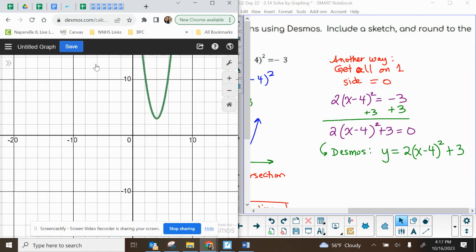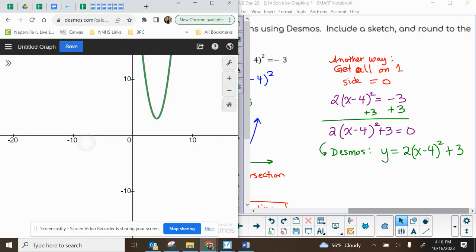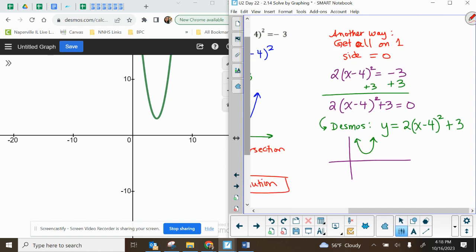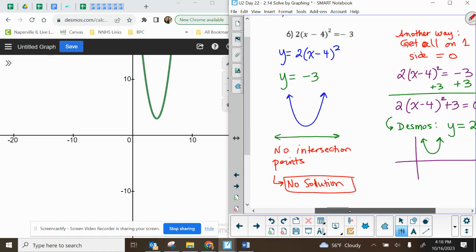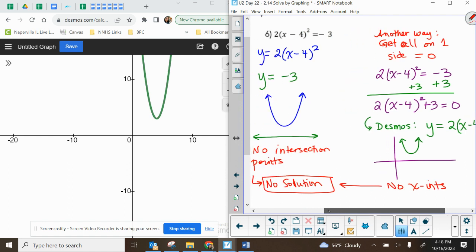Okay, so this is the equation 2 times the quantity x minus 4 squared plus 3, and if I turn off the grid, you can see that there are the axes and my graph is above it. And so because there are no x-intercepts, I still have no solution.